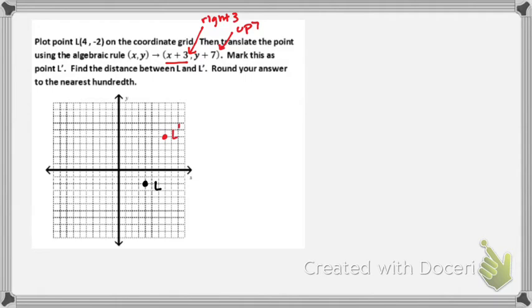If you wanted to get the 4 into this, we would get 4 plus 3, we get 7, and then -2 plus 7, that will give us a 5, right? Yes. So this is a point L prime, which it is, if we count over 7 and up 5. Okay, so we're going to find the distance between those two.